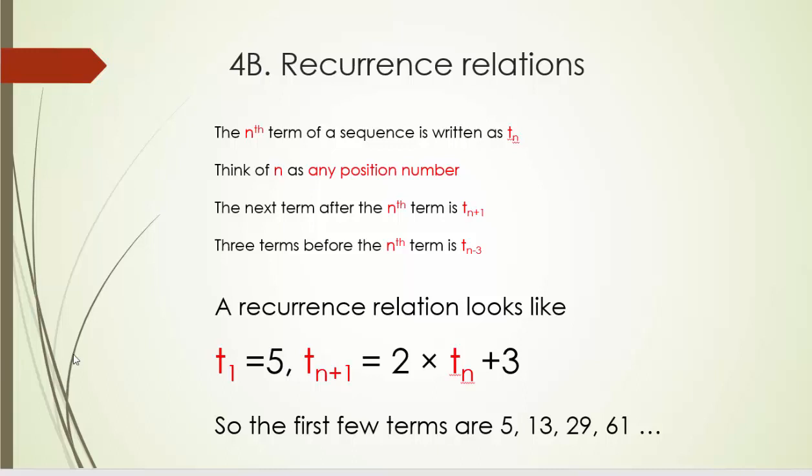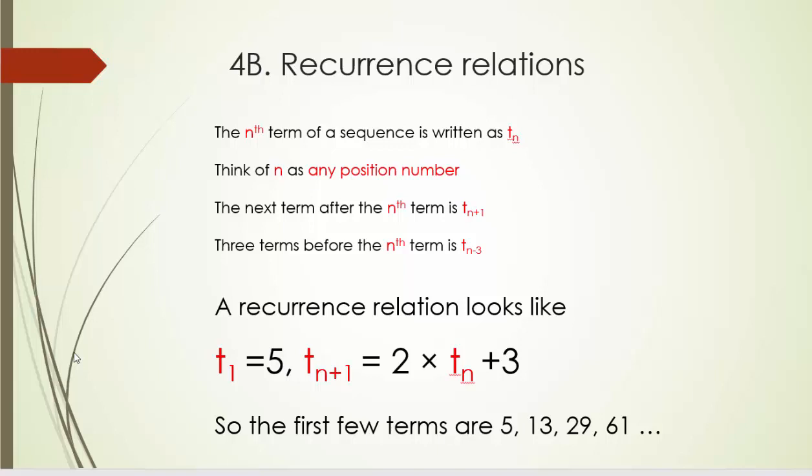So the way to write a recurrence relation using that language is to give the first term and then a comma, and then how to generate the next term. So t1 is obviously the first term, and in this case the number is 5. To get the next term, tn plus 1, we do 2 times whatever the previous term was, which in this case is 5, and then add 3.